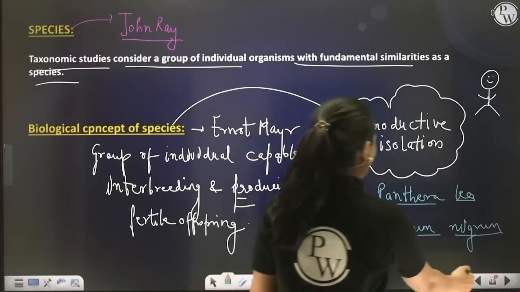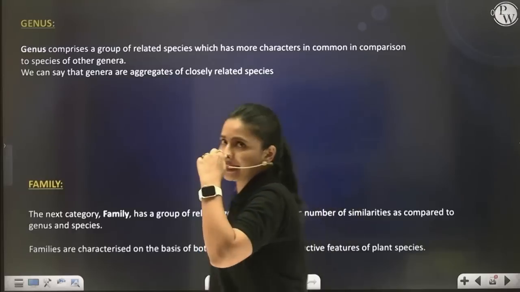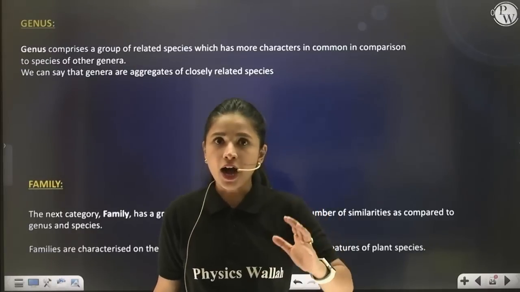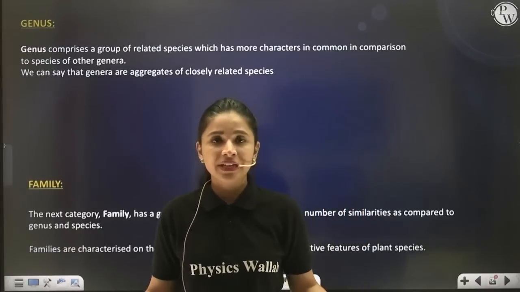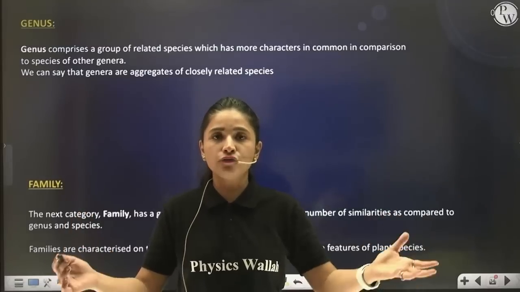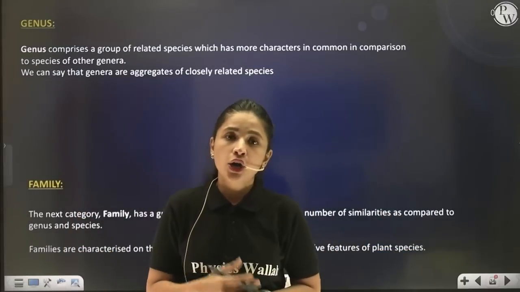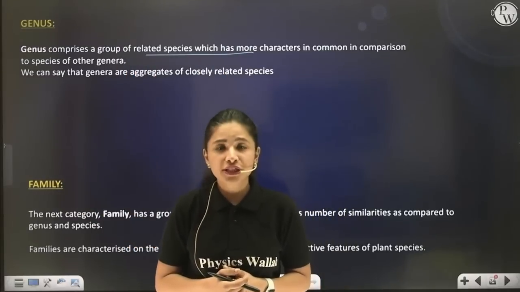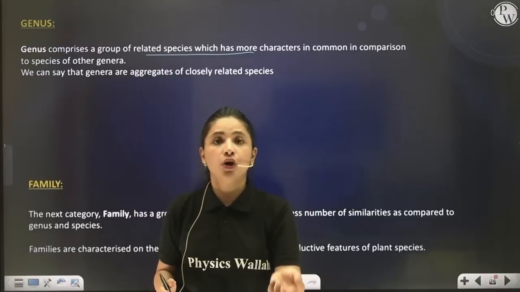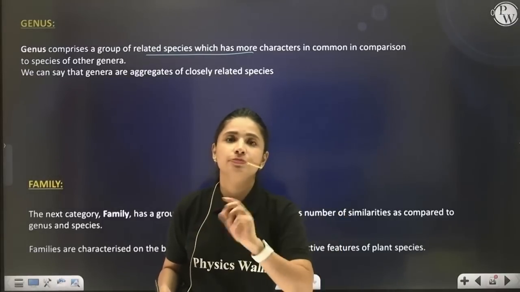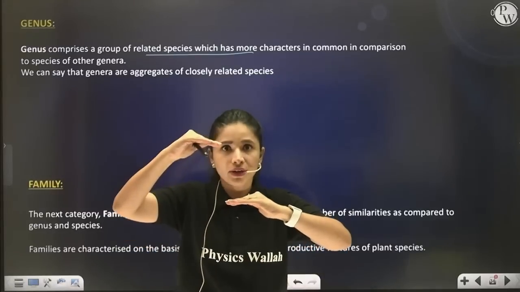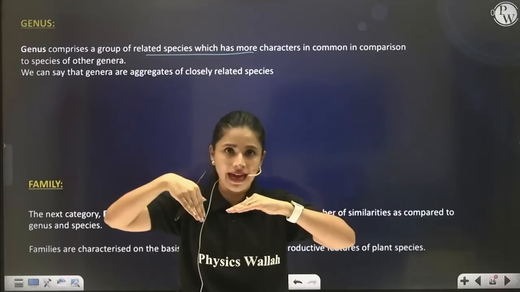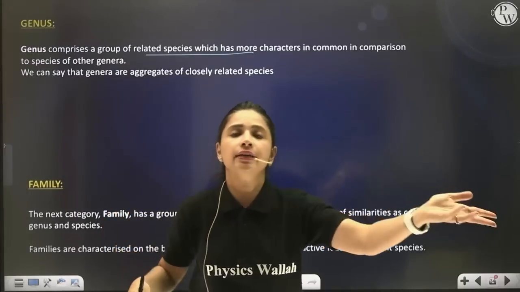Moving ahead, after species, as you go higher in the series, comes the next category called genus. How will you define genus? What is genus for you? Genus is simply an aggregate of closely related species, or group of related species rather, which have more common characters or less similar characters than species. Because you have come one step ahead of species now, and you know that as we go higher in the series, similarity decreases or common characters increase.